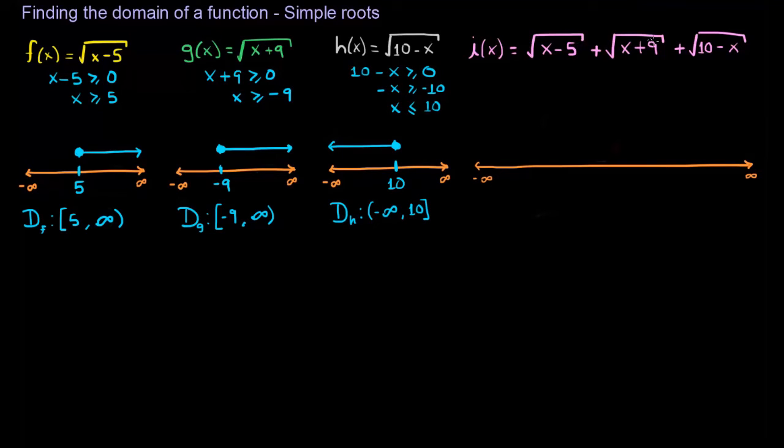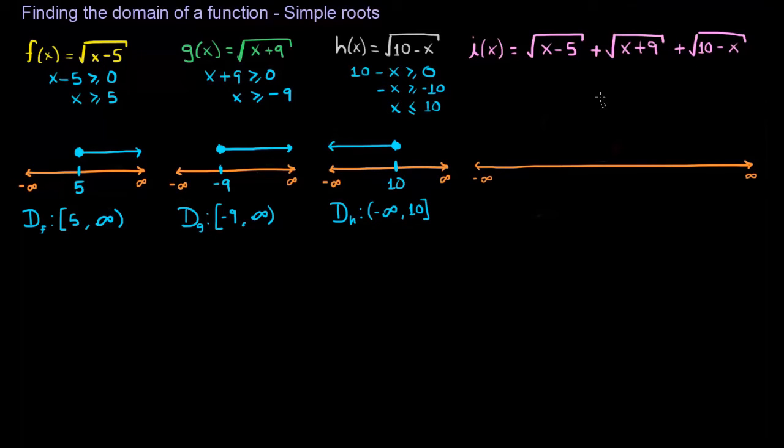So you have to start with this one and this one and this one, but luckily these 3 roots are actually the examples we solved previously, f, g, and h.